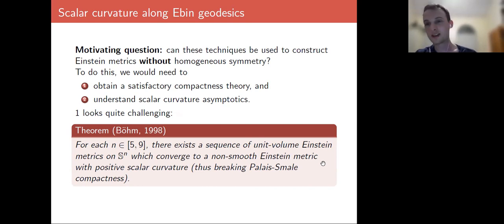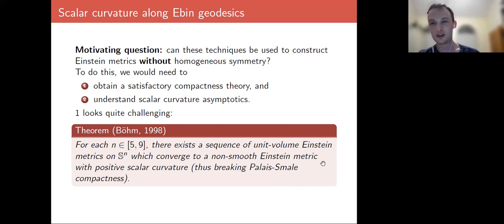Einstein metrics always have constant scalar curvature, and the scalar curvature of this sequence does converge to a positive number. However, the Einstein metrics themselves converge to an Einstein metric which is not smooth. And so what this means is that we've got a sequence of Einstein metrics which demonstrates that the Palais-Smale compactness condition cannot hold in general, at least not in its original form.